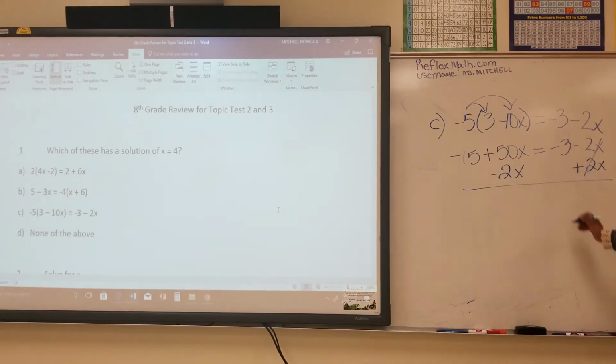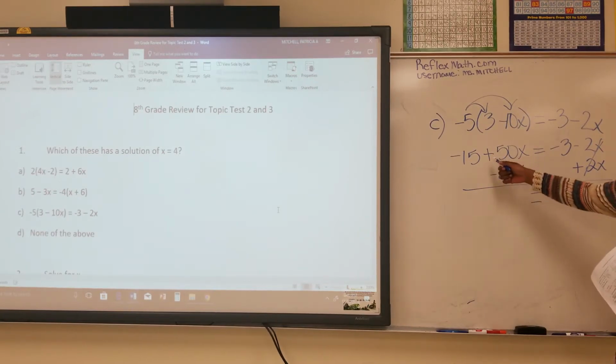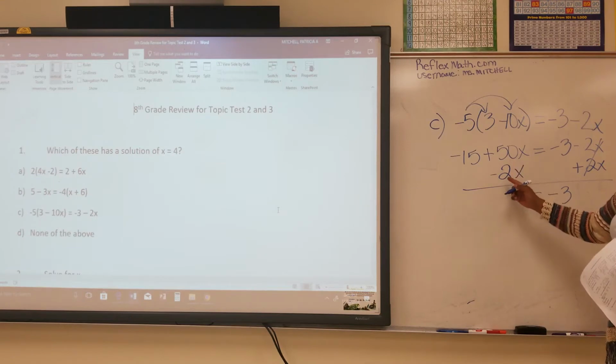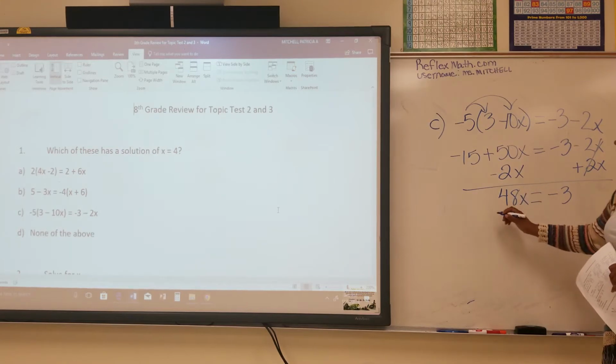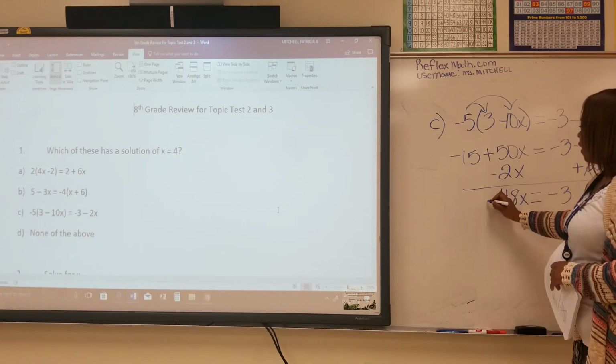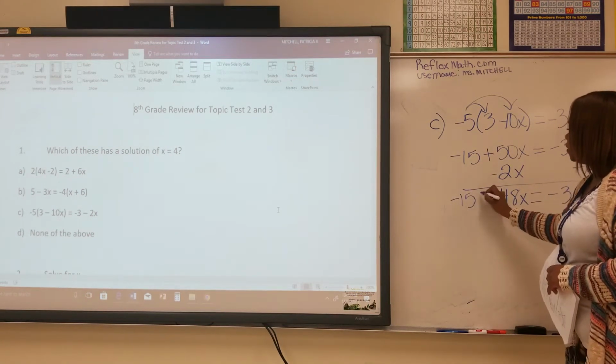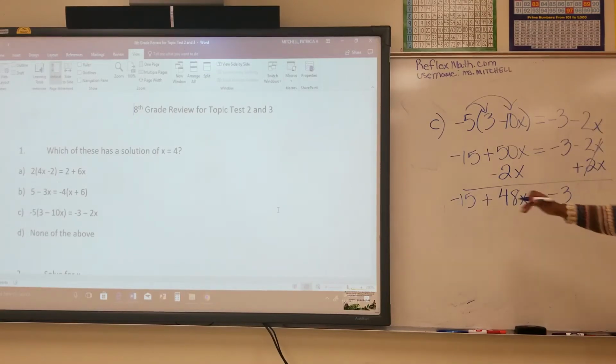These cross out, we're left with negative 3 on this side, and 50 minus 2 gives us 48x. And negative 15, and then we have to bring down our operation, which is addition.